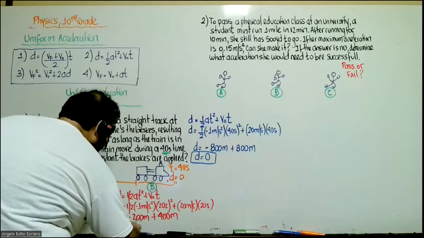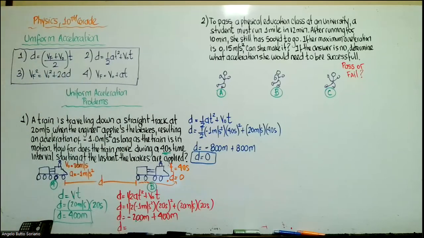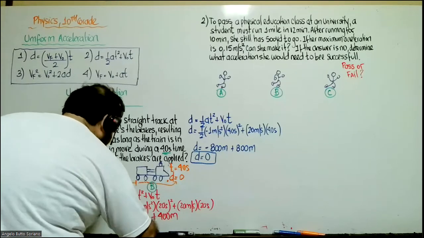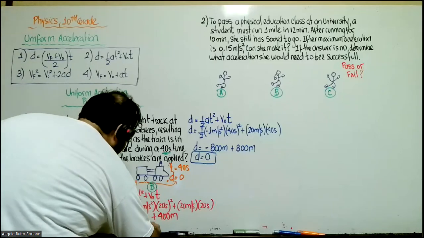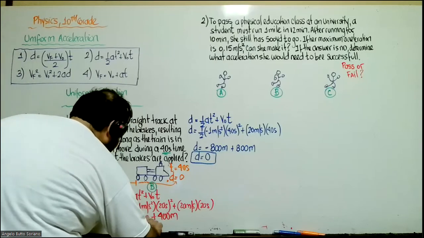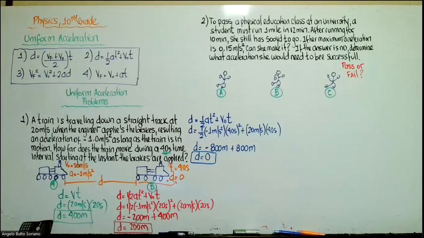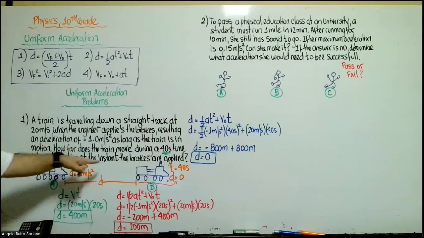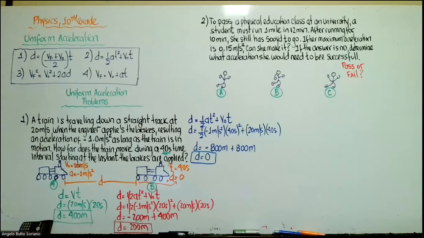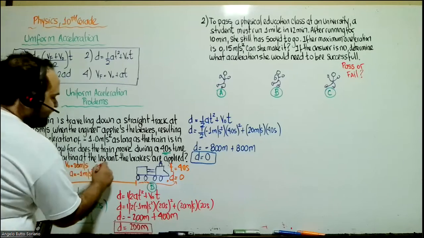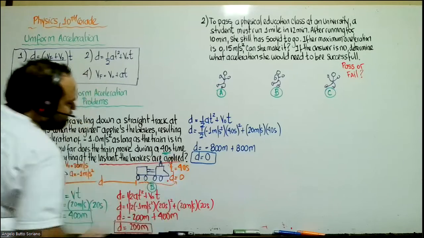For that reason, the distance from the moment they apply the brakes, during the last 20 seconds of the period of time, will be given by 200 meters. So basically, what will be the answer for the problem? Well, how far does the train move during the 40 seconds time interval, starting at the instant the brakes are applied?